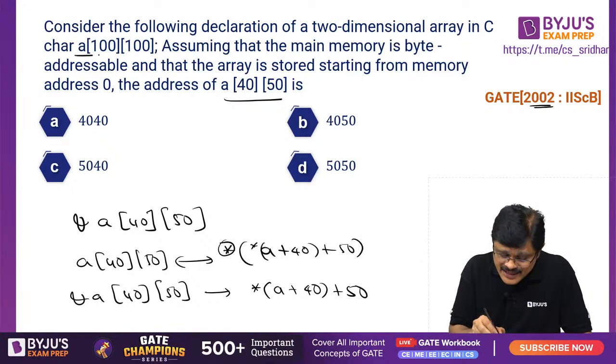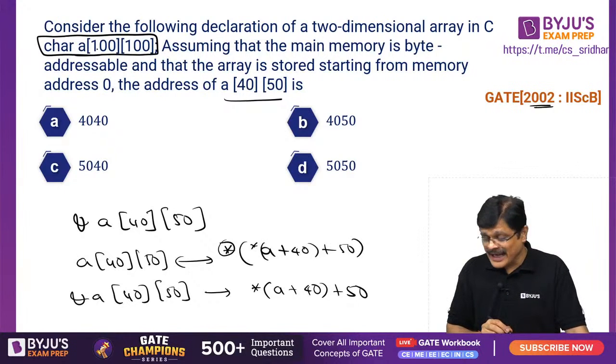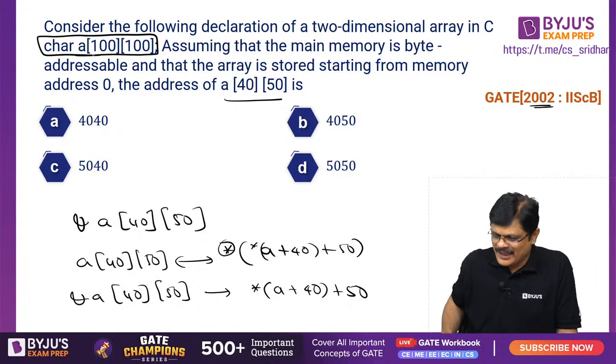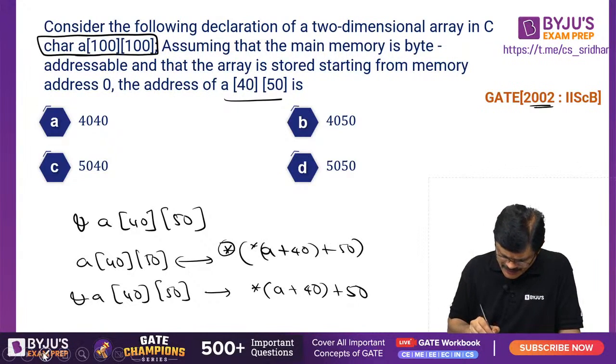And see this, it is a character 2D array, a 100 by 100 matrix. Okay, I'll just clear it. I'll rewrite this here so that I can write the answer here, sir.